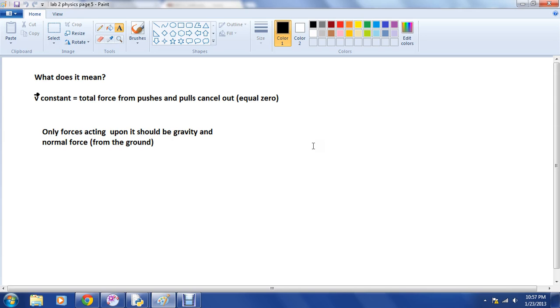The only forces acting on it should be gravity, which is pushing down on the bike, and the normal force from the road, which is pushing up on the bike. And those should all cancel out, and since F net is 0, it should be moving at a constant velocity. But this also implies that if F net is not 0, something will not move at a constant velocity, because it has a force in a particular direction that will be changing its velocity.